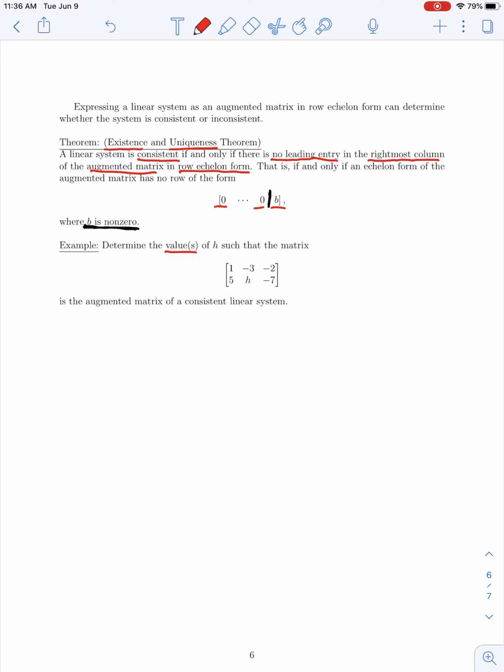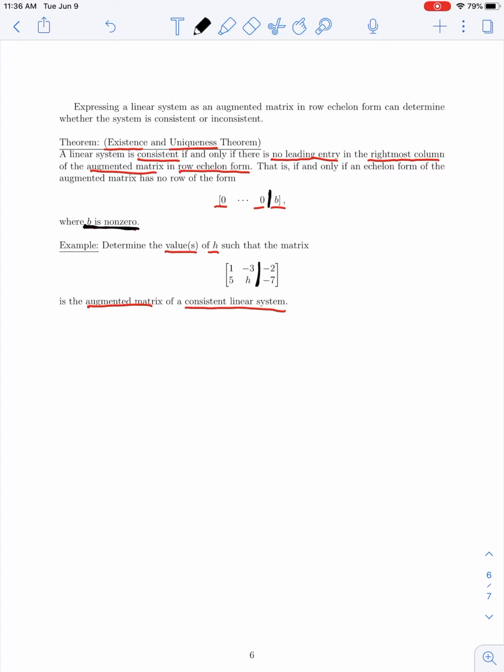In this next one, we are asked to find the value or values of H such that the matrix that we're given here is the augmented matrix of a consistent linear system. So again, maybe my first step here would be to change the notation that's given in the book slightly so that I make use of this vertical bar to denote an equals within my system of two equations.